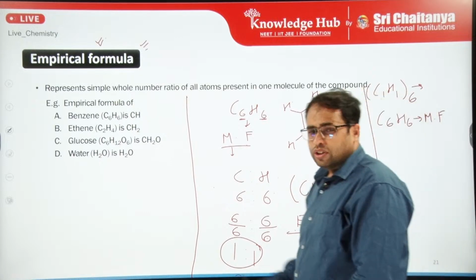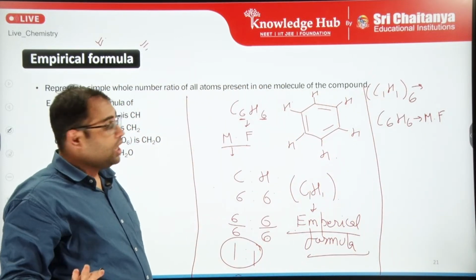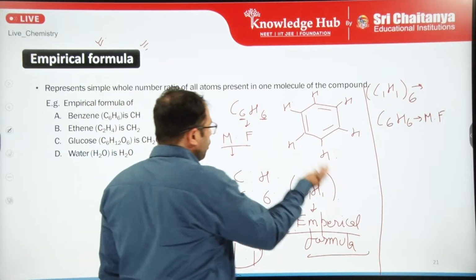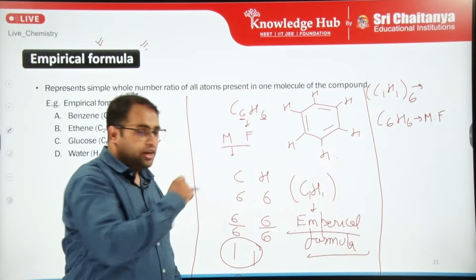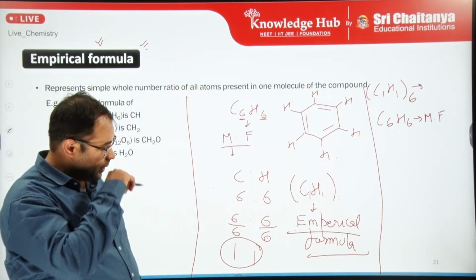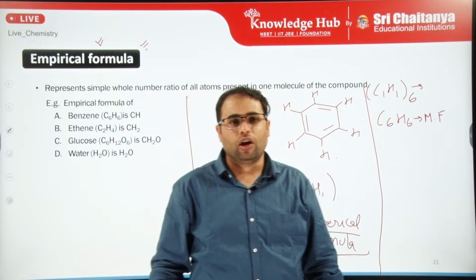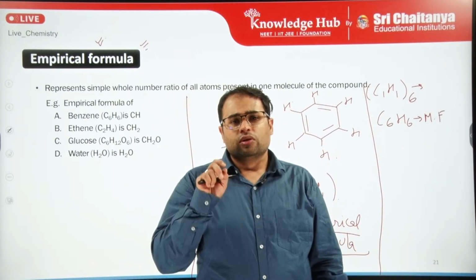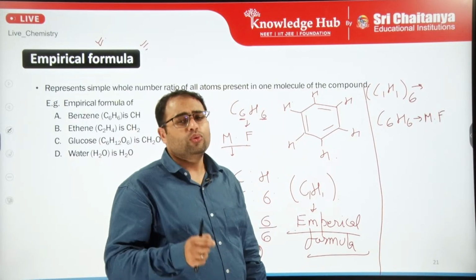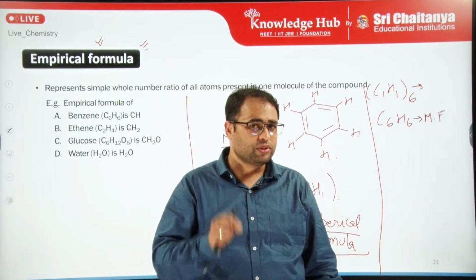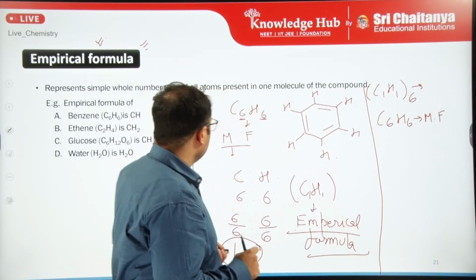This is the concept of empirical formula and how it is different from molecular formula. I started with the molecular formula, made it a simple whole number ratio, and from the empirical formula I gave you the molecular formula also. So you have to always simplify to the simplest whole number ratio.